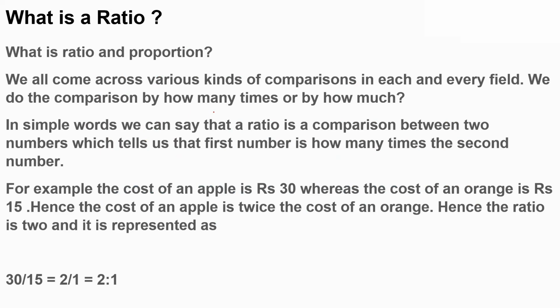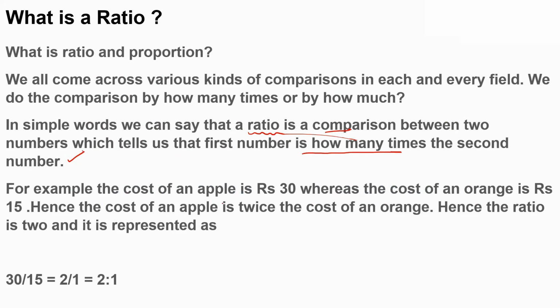If we are doing a comparison by how many times, by how much, that is a comparison. In simple words, we can say that ratio is a comparison between two numbers which tells us the first number is how many times the second number.